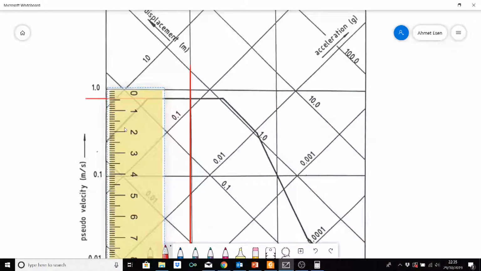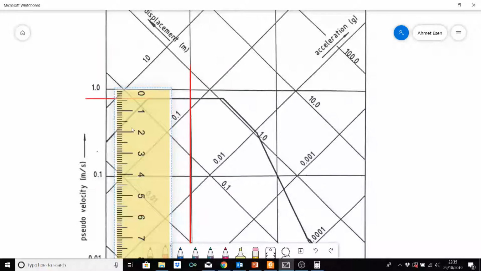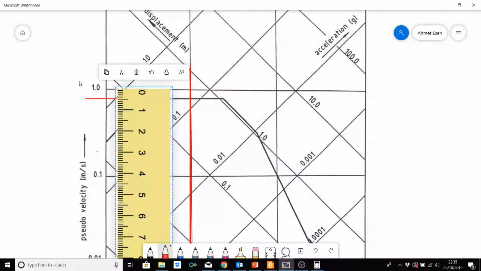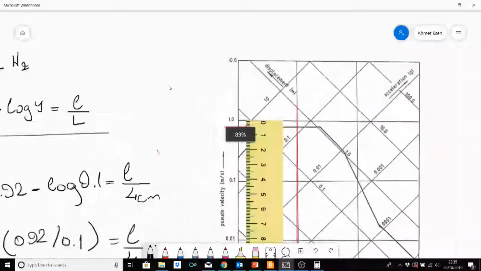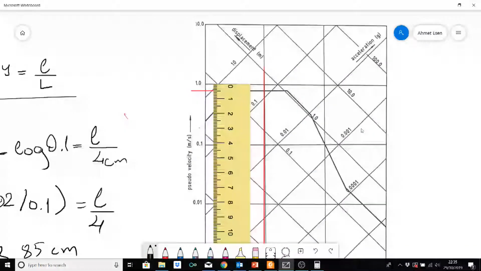Okay, so first of all, let's just note down what these things are. So the whole distance is again capital L, and from here to here, the smaller value, this is small l.